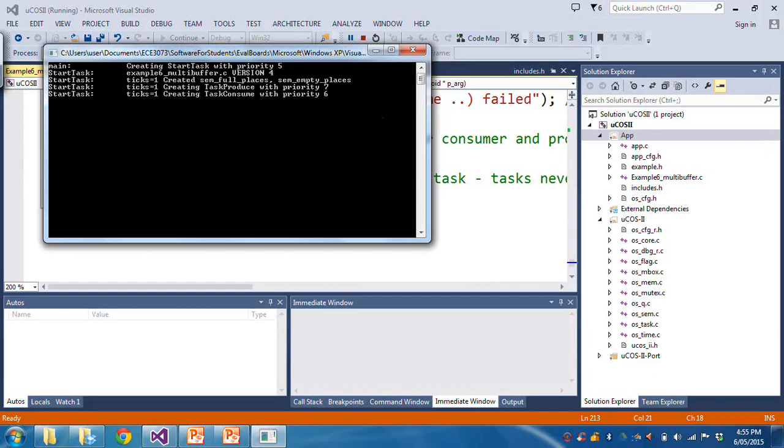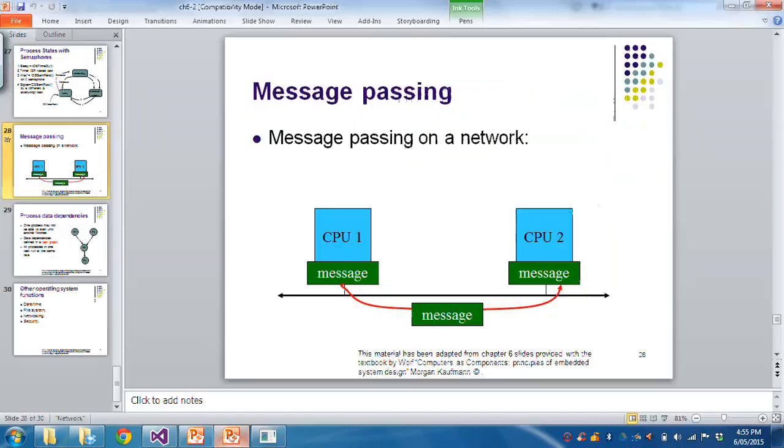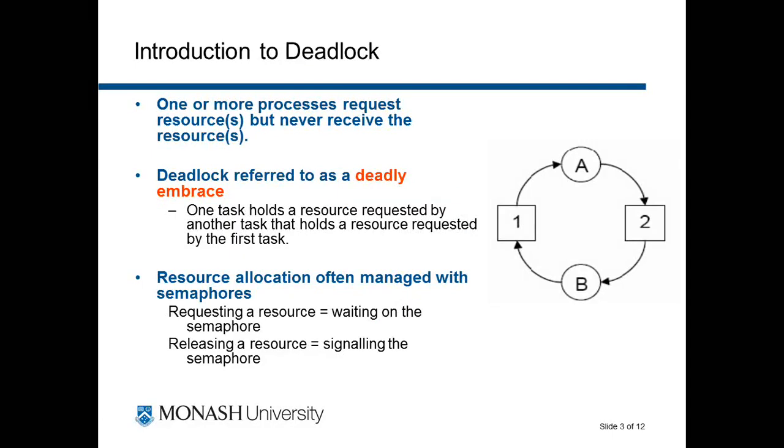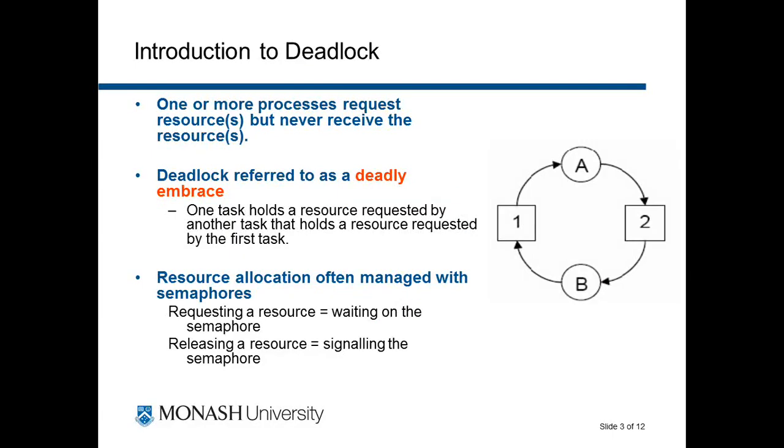What it's reached is so-called deadlock. So let's talk about that now. The idea of deadlock is that you basically have 2 processes waiting on each other. You could call it, here it's called a deadly embrace.